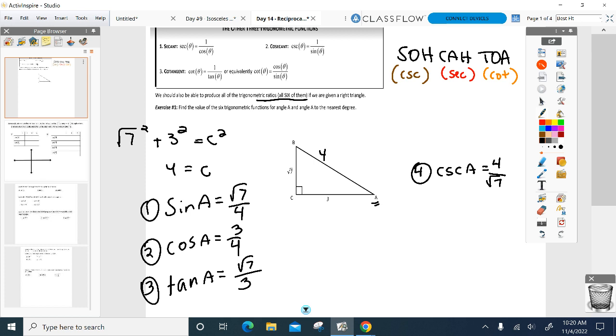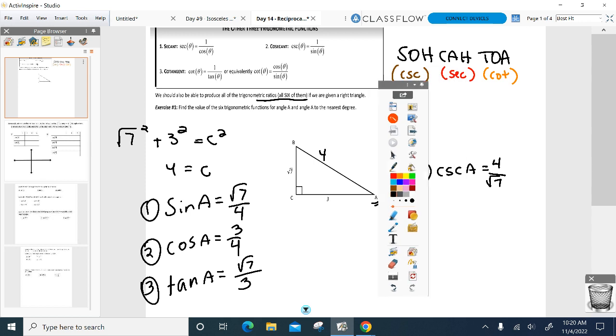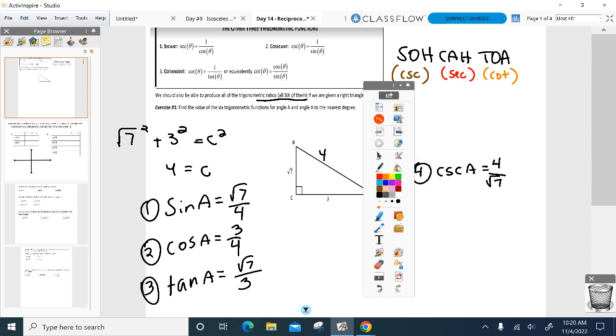Rationalize the denominator: four radical 7 over 7.